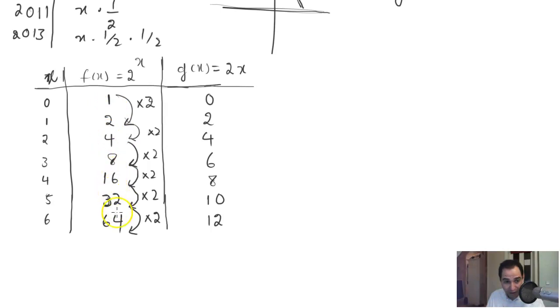And you can see that in the case of this function, the output is growing very rapidly.